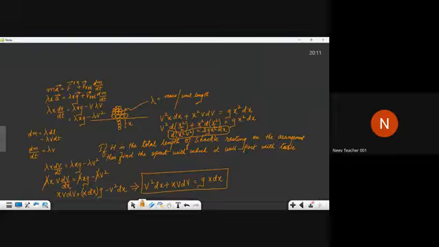V square out differential of x square. You have taken that, sir. Then x square out differential of v square. Getting it? Collectively we can write this. Are you connecting, class?